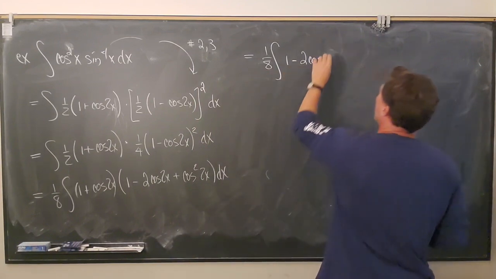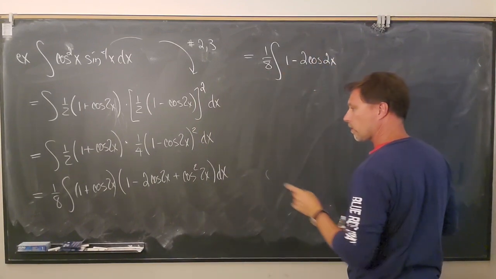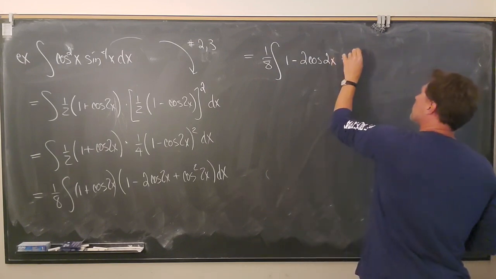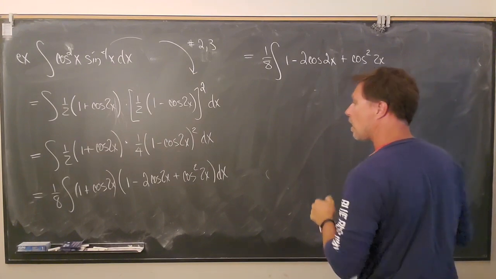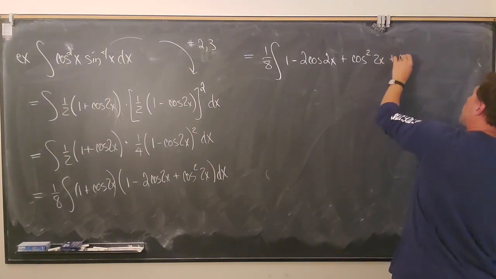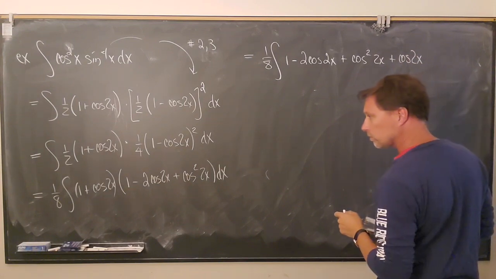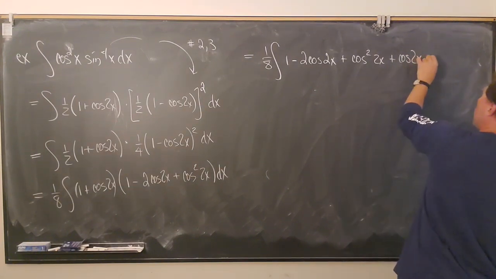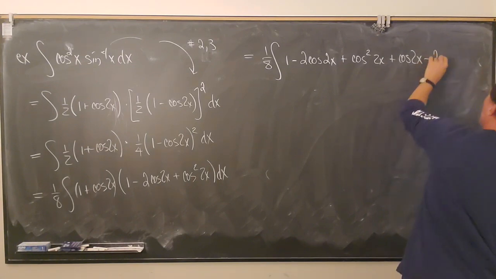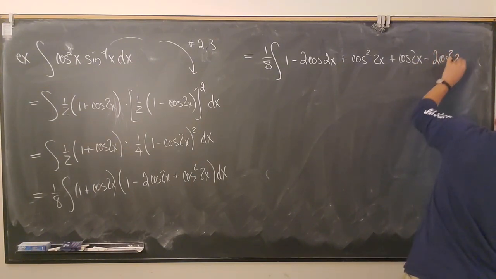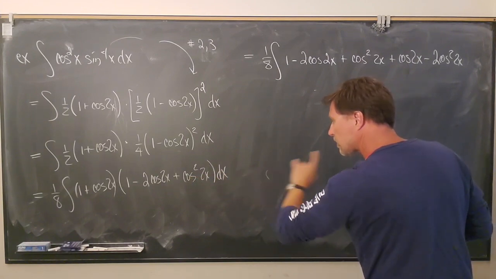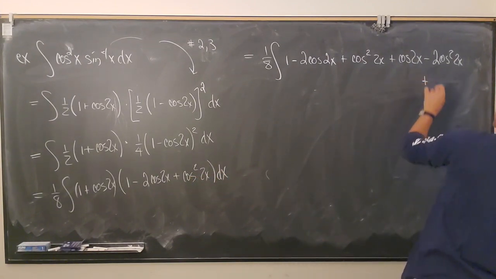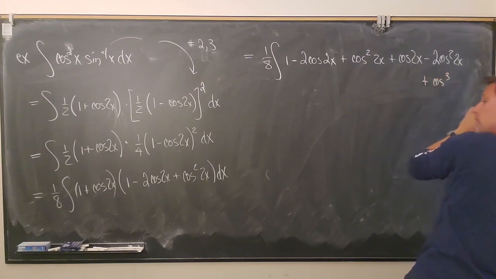Cosine 2x plus cosine squared 2x plus cosine 2x minus 2 cosine squared 2x. And then the last term is going to be a plus cosine cubed 2x dx.